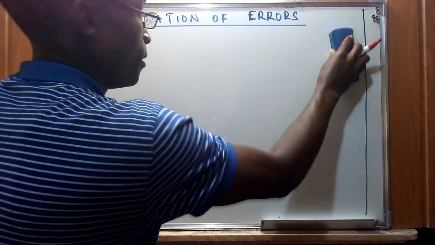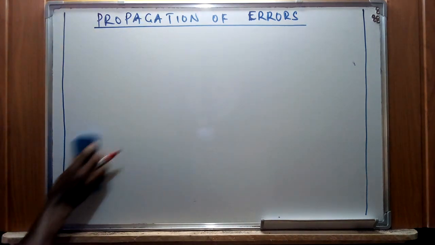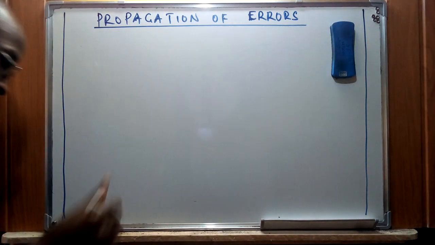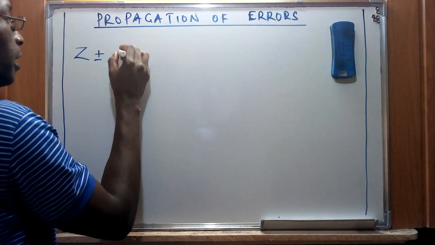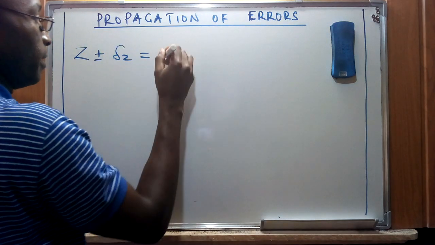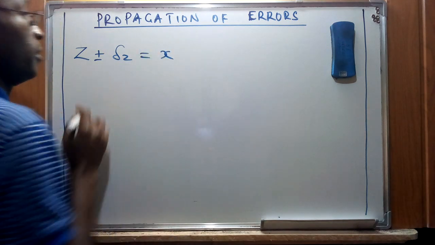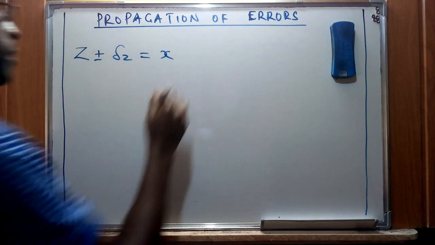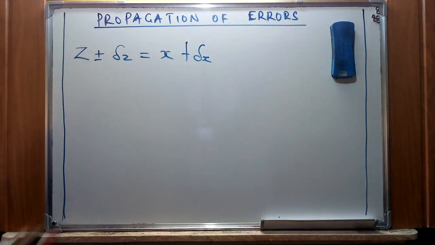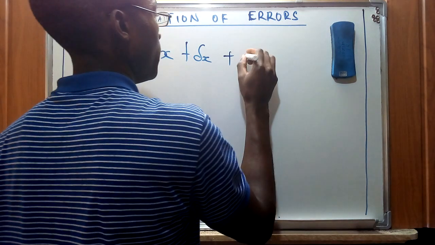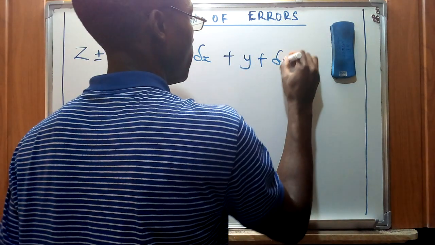Suppose z is the summation of those two readings, x and y. Therefore we express the total z plus the error in z as x plus delta x, which includes all those specific errors, plus y plus delta y.